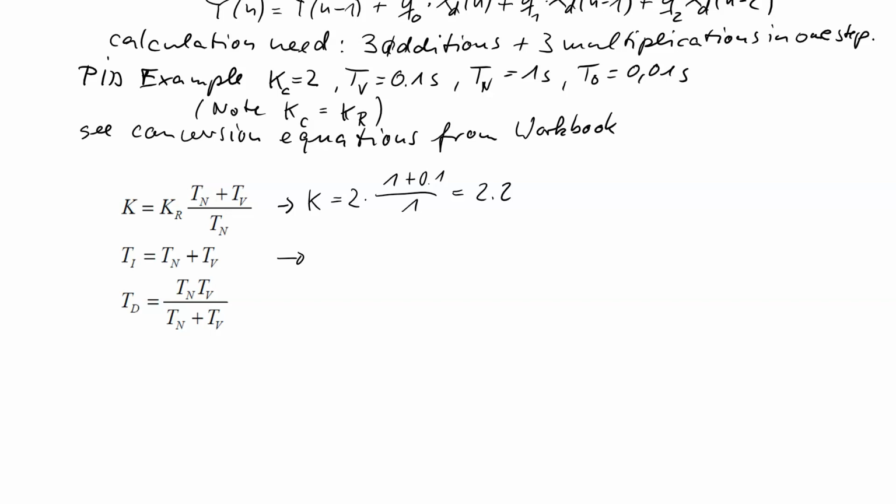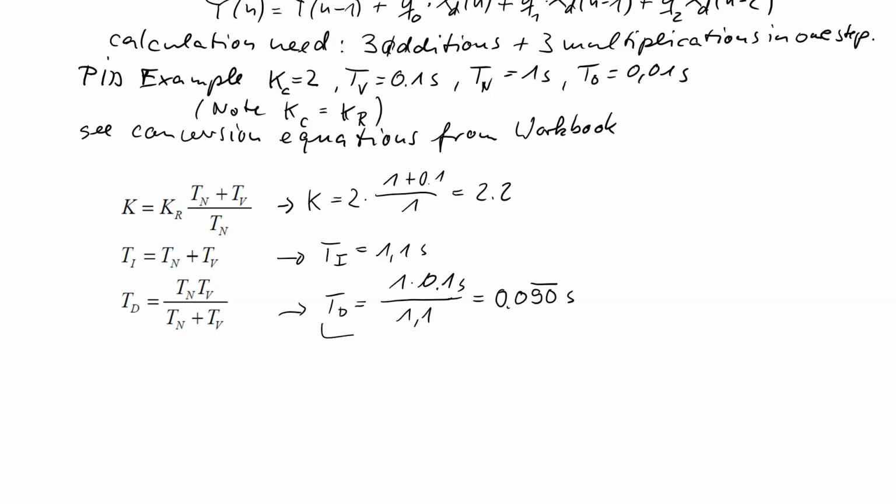Ti is just the sum of Tn and Tv, so Ti is 1.1 second, and Td is the multiplication 1 times 0.1 divided by the sum 1.1. So this is a time which is 0.09 second. Ti is a little bit larger than Tn, similar but 10% larger. Td is a little bit smaller than Tv, so they are very near to each other but not the same, and K is a little bit larger than Kc.